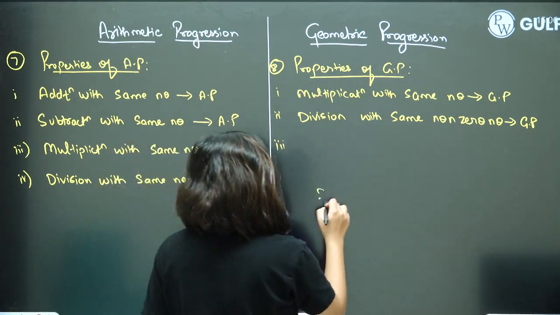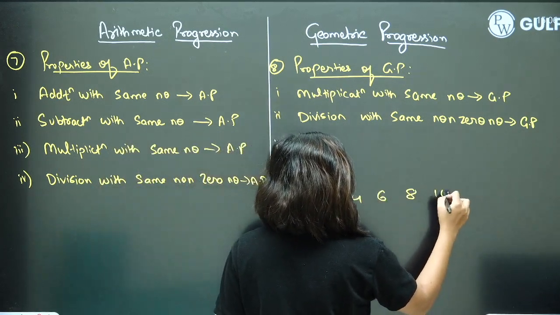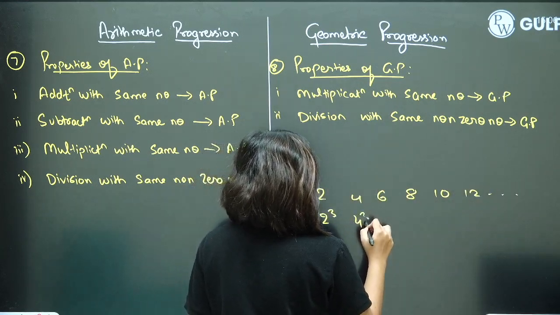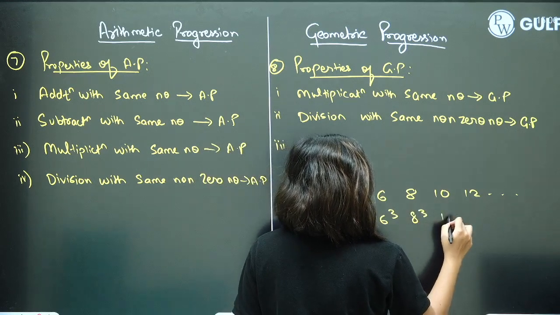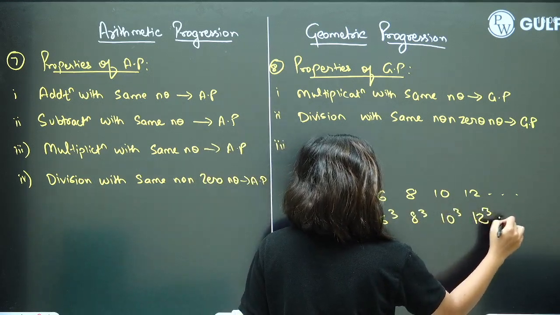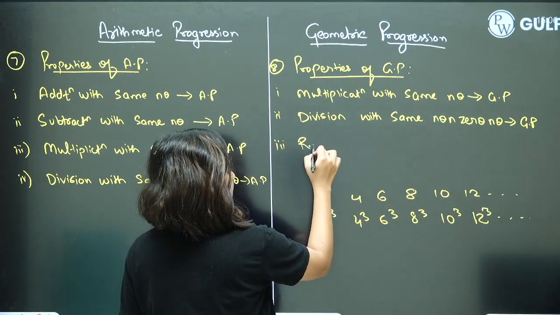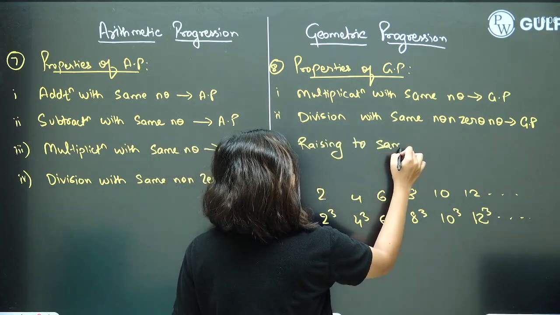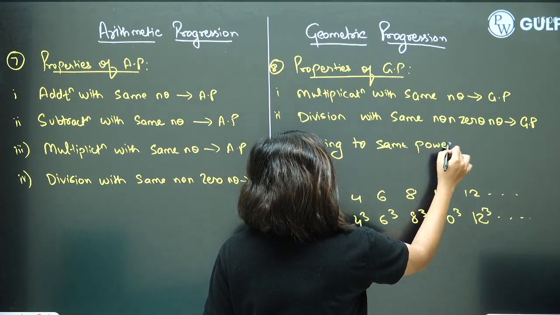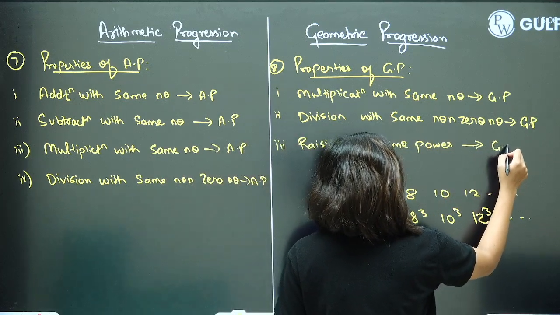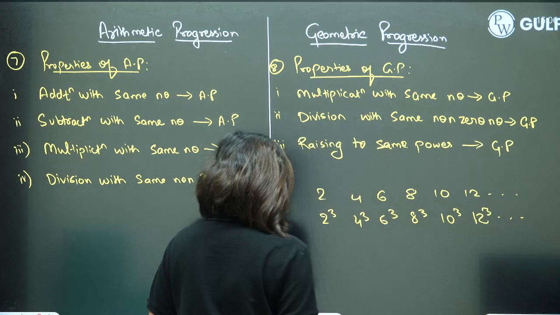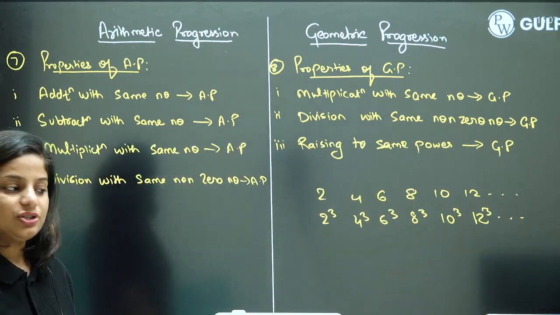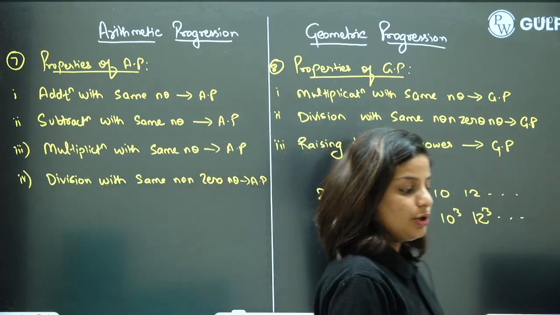Suppose 2, 4, 8, 16 is your GP. If I raise each of them to the power 3, then this will also give a GP. These were the properties of AP and GP, on which we get questions.